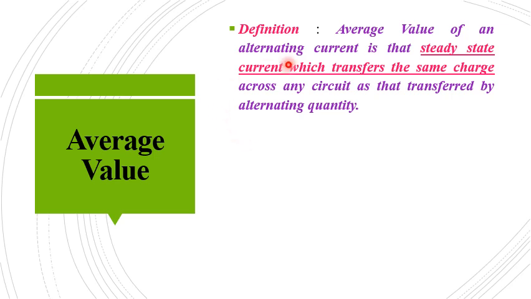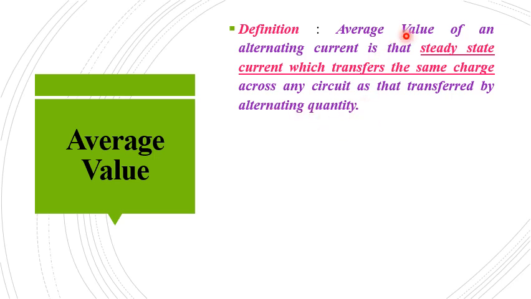Next is average value. By definition, the average value of an alternating current is that steady state current which transfers the same charge across a circuit as that transferred by the alternating quantity.